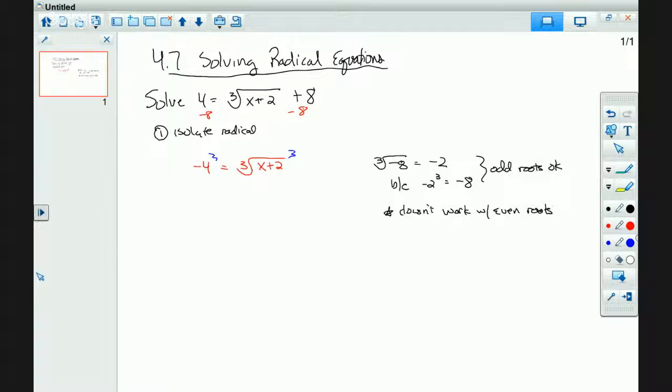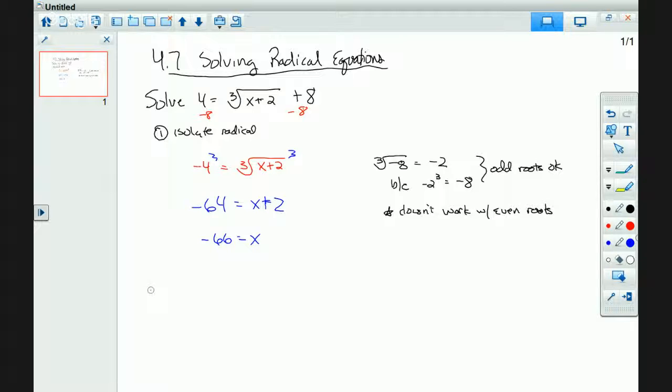What's negative 4 cubed? And so x is what I told you earlier. Yeah, check your answers. It sucks sometimes, but sometimes you get answers that don't actually work.